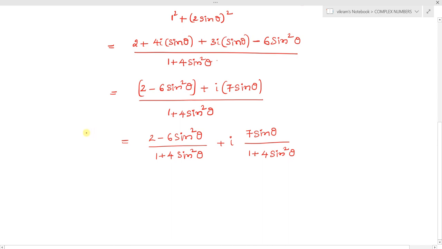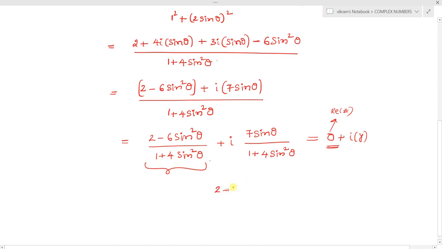Given that the resultant equals purely imaginary, some 0 plus i times a value. If the given complex number is purely imaginary, then the real part equals 0. Now equate the real part of the resultant to 0.